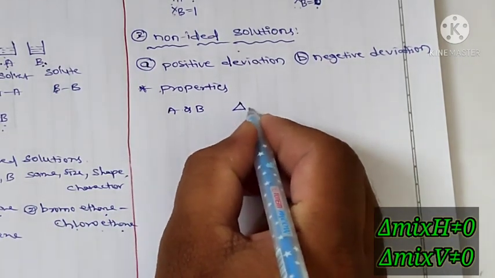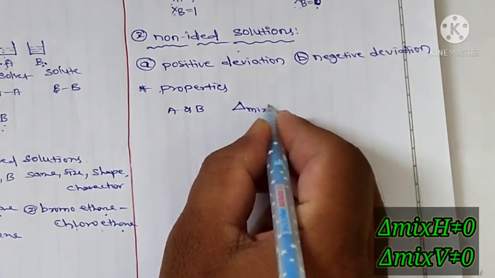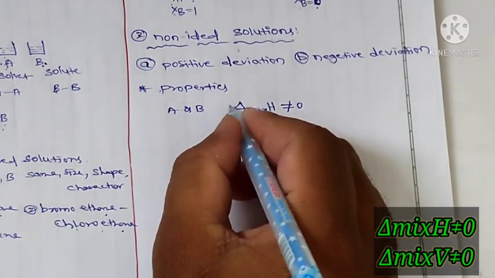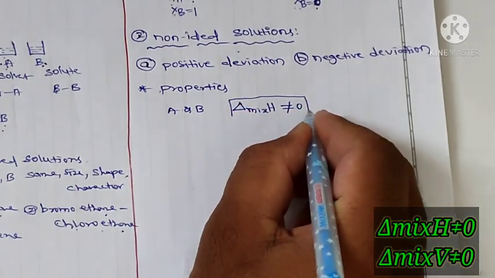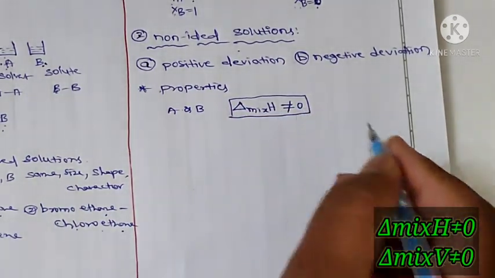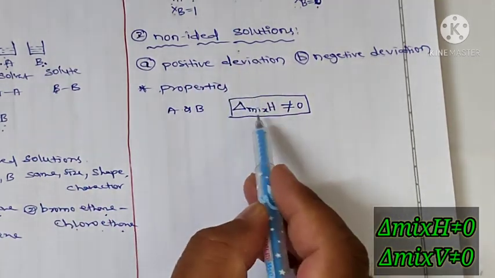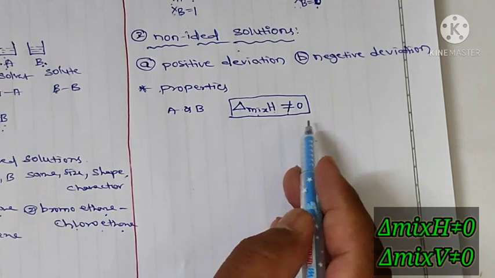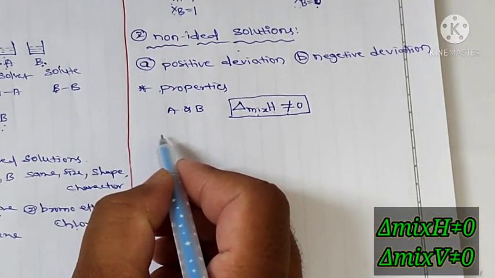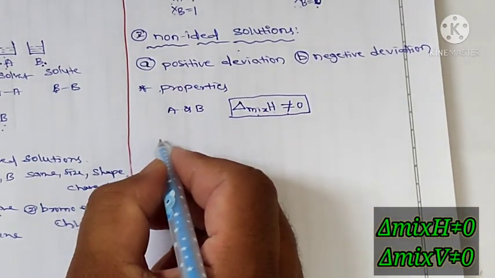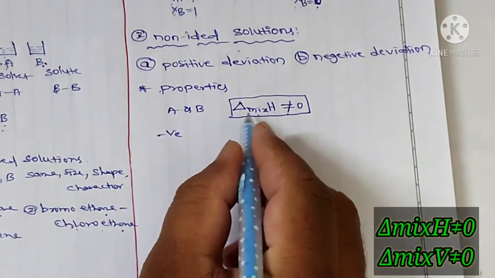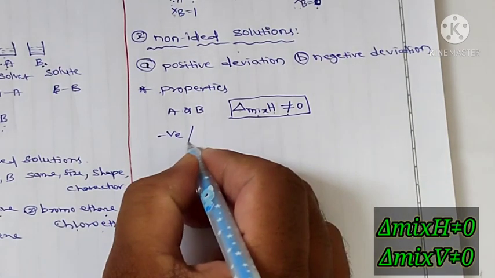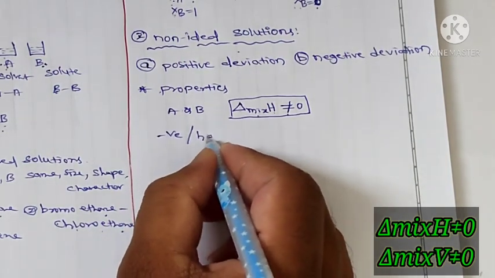So delta mix H will not be 0. But in ideal solutions, delta mix H is equal to 0. In non-ideal solutions, delta mix H is not equal to 0. And it may be negative. Delta mix H may be negative, meaning heat released.